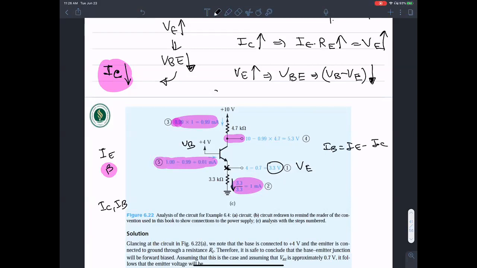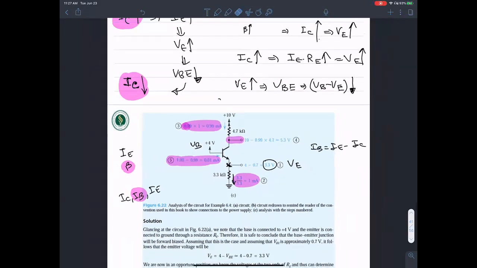So if you have beta and one of the three currents, it doesn't matter which one. If you're given IB, you simply multiply that value by beta to get IC and add the two to get IE. So you have beta and one more current, it's easy to calculate the rest. And then you find out the node voltages and node currents. That's solving the problem.